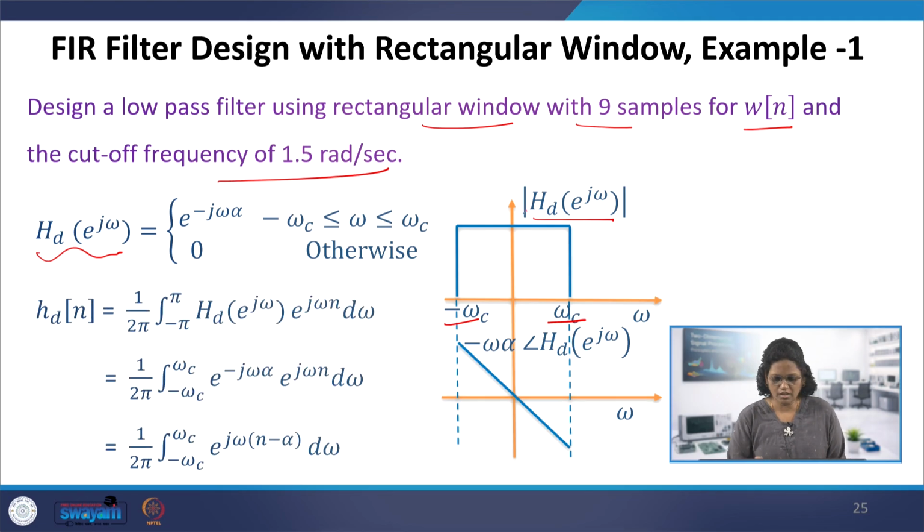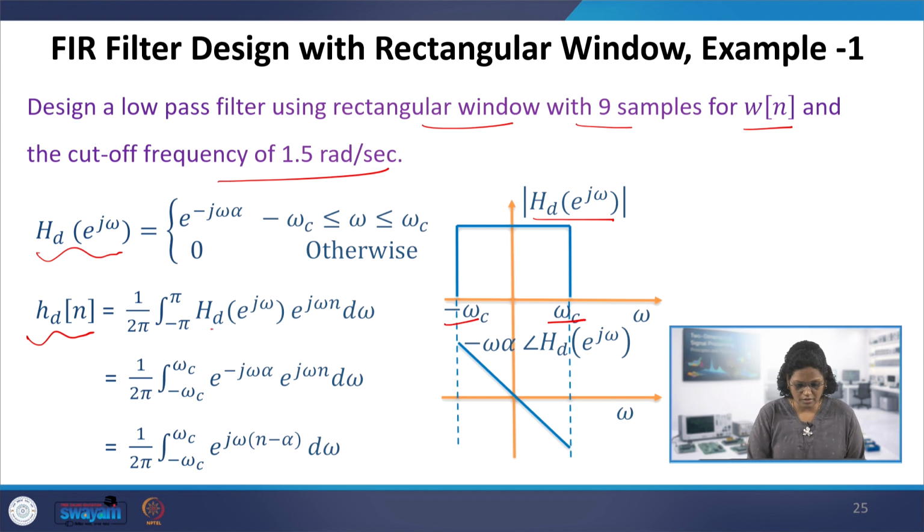So, how do we get the filter coefficients for it? Knowing this Hd of e power j omega, we get Hd of n, which has an infinite number of coefficients, by the inverse DTFT: 1 by 2 pi, integral from minus pi to plus pi of Hd of e power j omega into e power j omega n d omega.